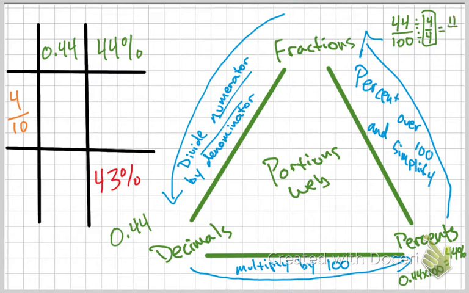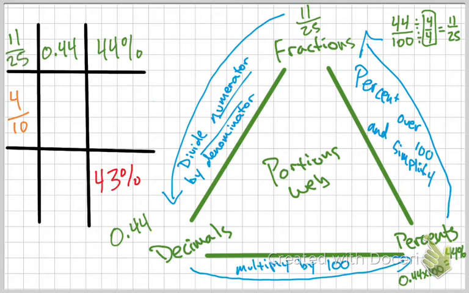And that's going to give me my simplified fraction of 11/25. 44 divided by 4 equals 11, and 100 divided by 4 equals 25. So I have my fractional value of 0.44, which is 11/25. And so I'm going to write that in my portions web and also in my little chart on the left-hand side there.